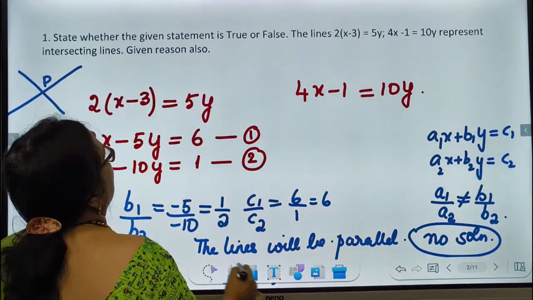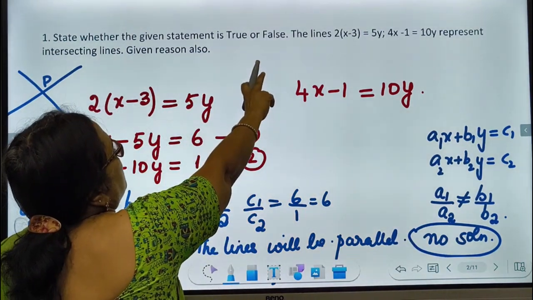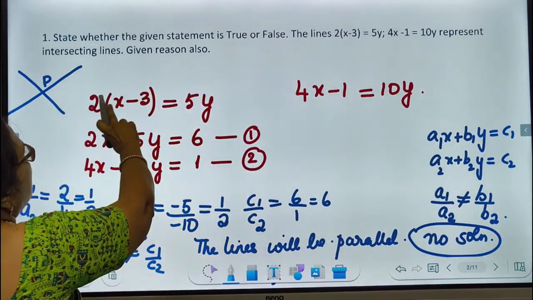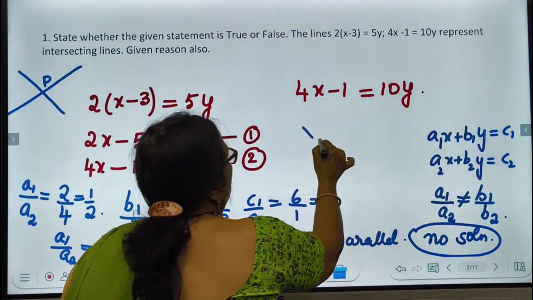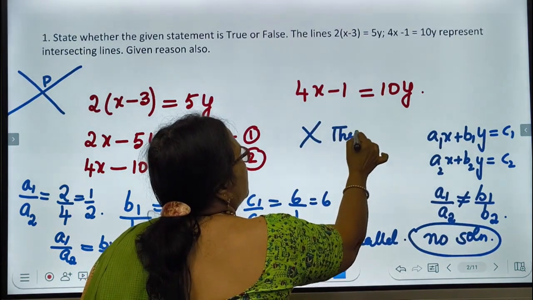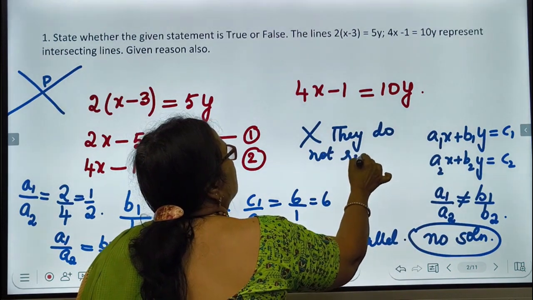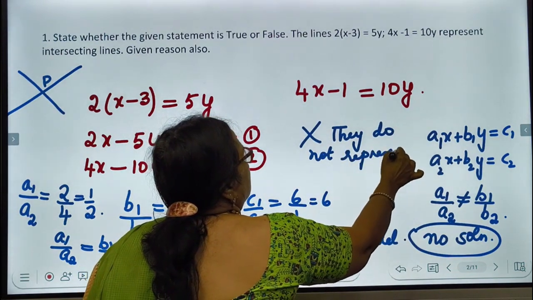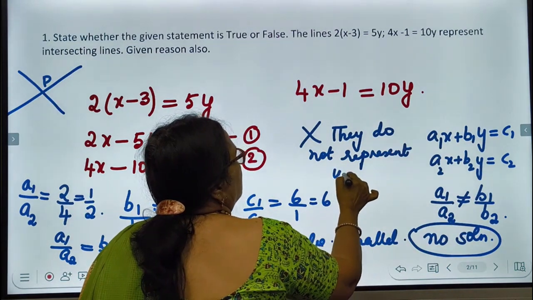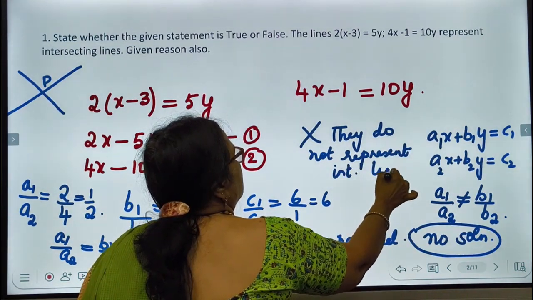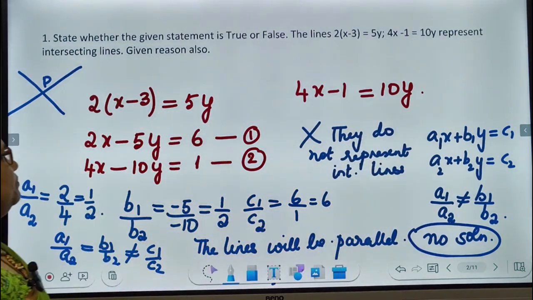The lines are parallel. So what is the question asked? Whether it is true or false? Do they represent intersecting lines? No, they do not represent intersecting lines. So they represent parallel lines.